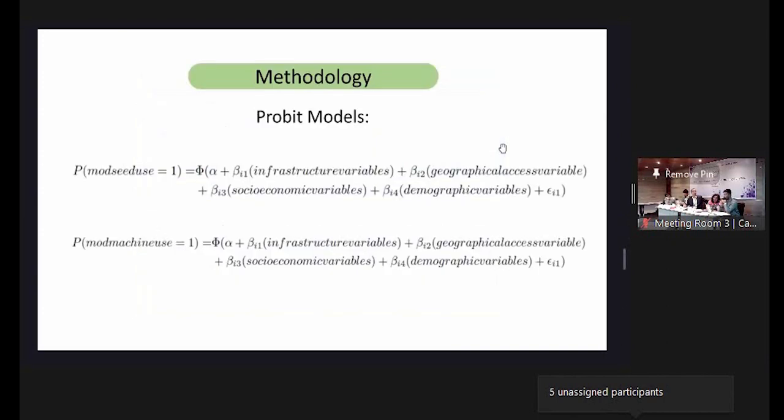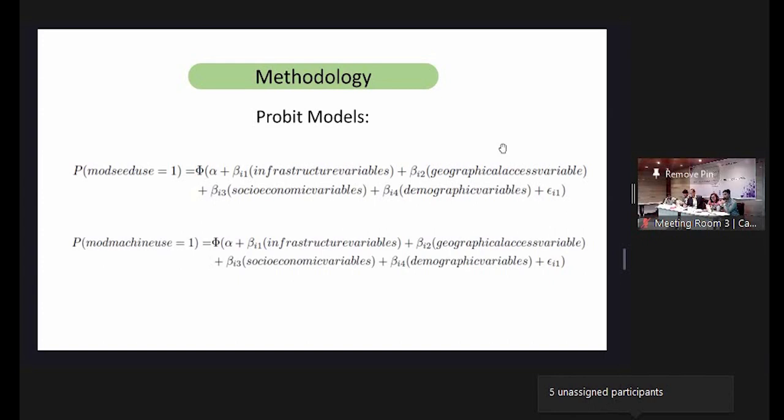In this study, we have used a probit model. There are some reasons why we did so. First of all, our dependent variable is dichotomous. Second, there might be a non-linear relationship between the explanatory variables and the dependent variable.